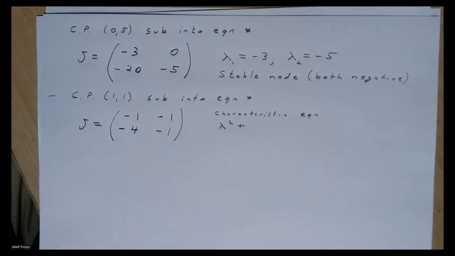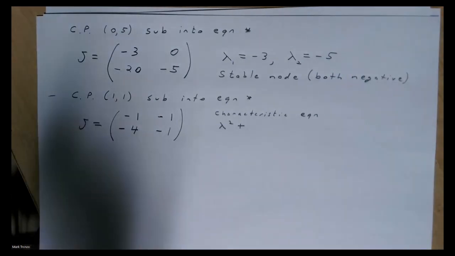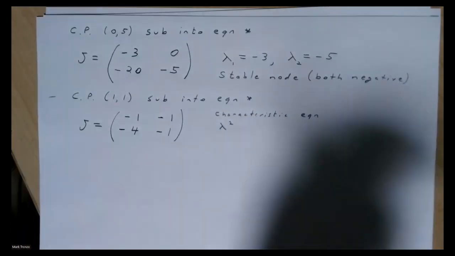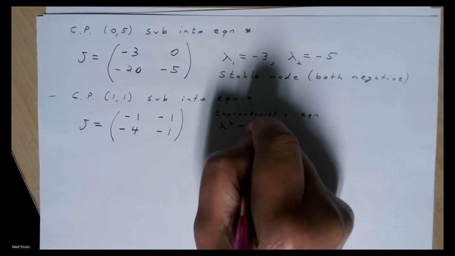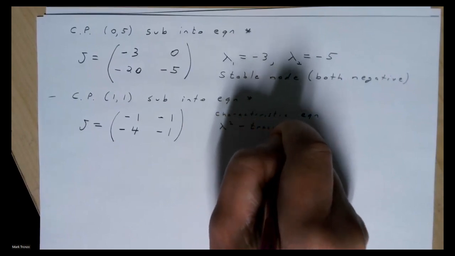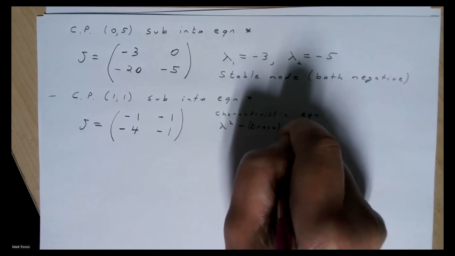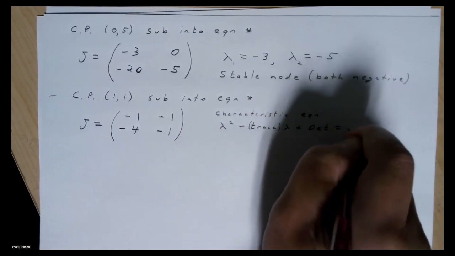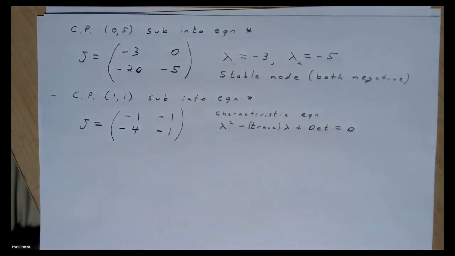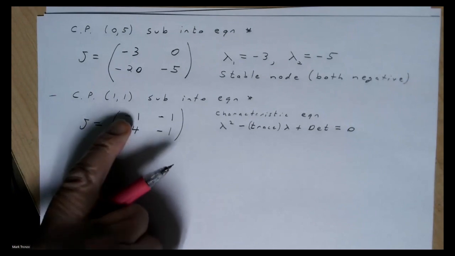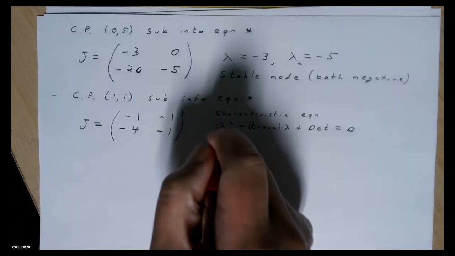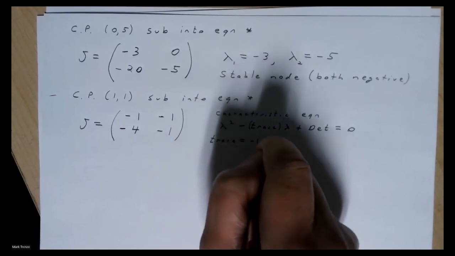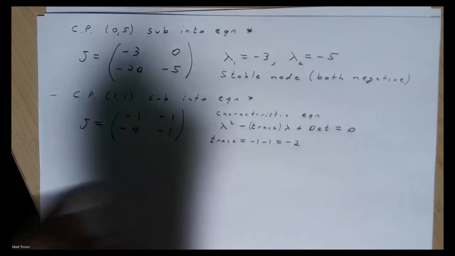It's going to be lambda squared minus the trace times lambda plus the determinant, and set that equal to 0. Remember, the trace is the sum of the diagonal elements, so it's minus 1 and minus 1, going to be minus 2.